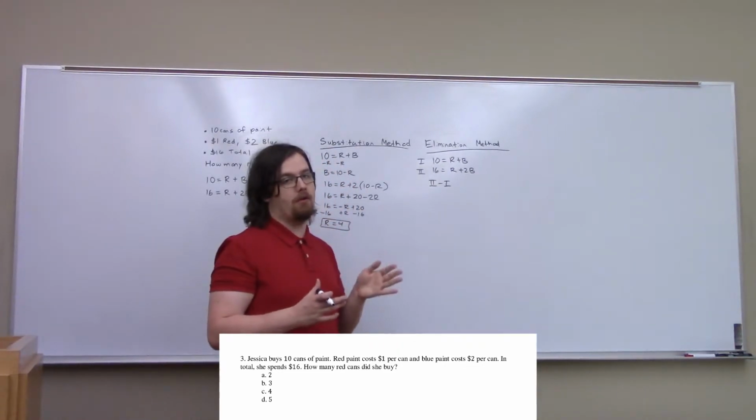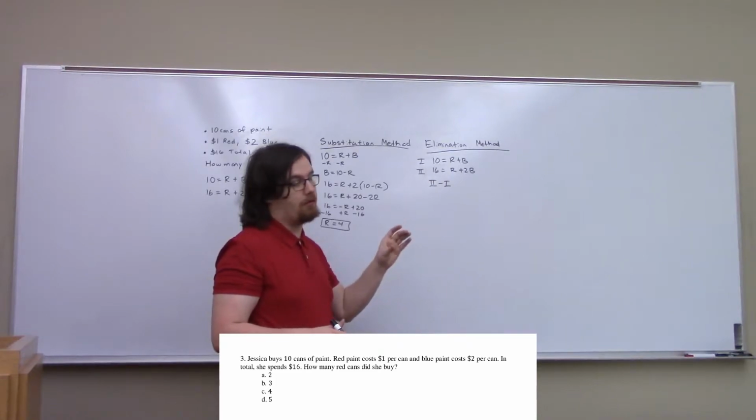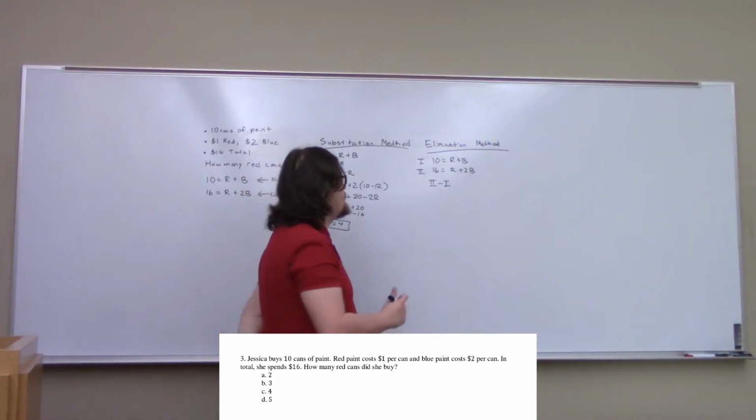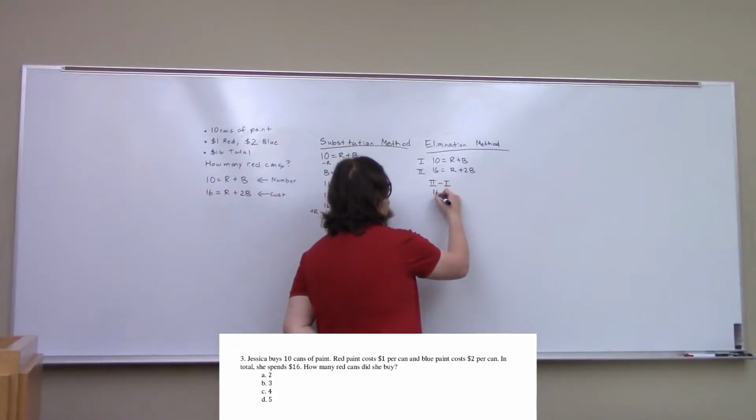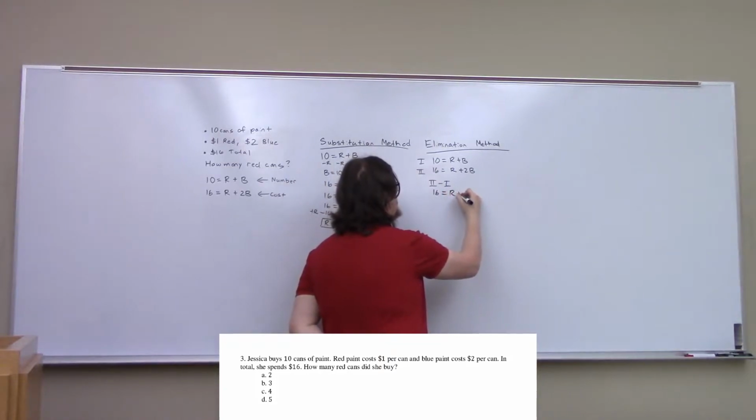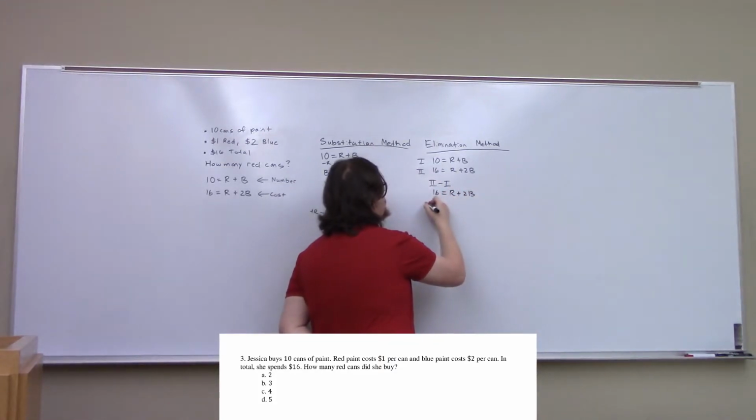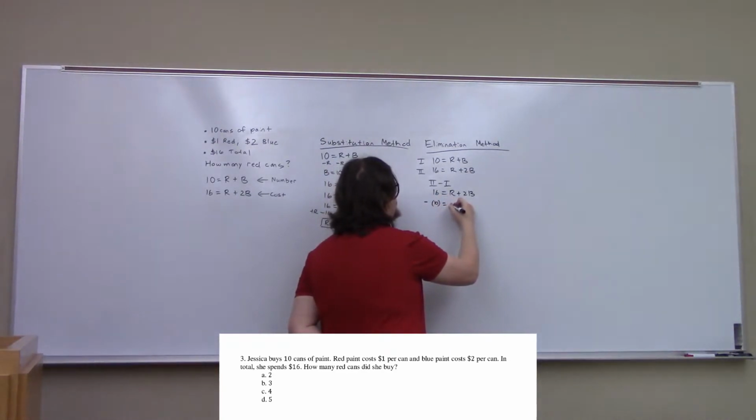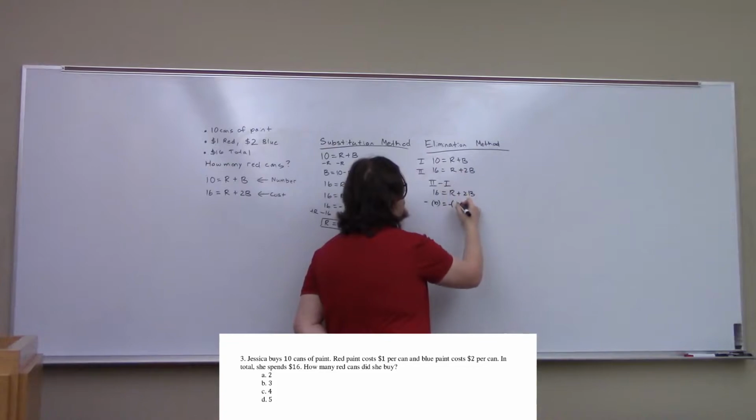Again, this might be a little weird, but we're just adding or subtracting vertically. So we take 16 equals r plus 2b, and we subtract, on the left side 10, and on the right side r plus b.